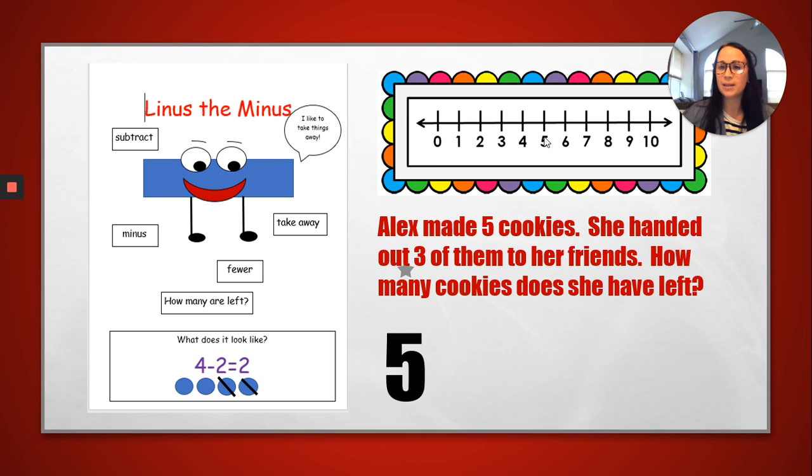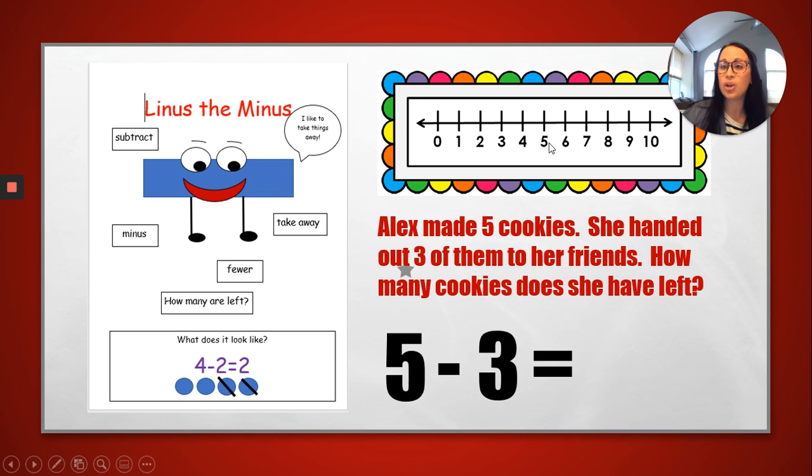And we know we're subtracting, so Linus the Minus is going to come next. Now, how many cookies did she hand out to her friends? She handed out 3. Very good. So we're starting at the 5, and she handed out 3, so we're going to jump back 3 spaces. Can you jump back 3 spaces with me?